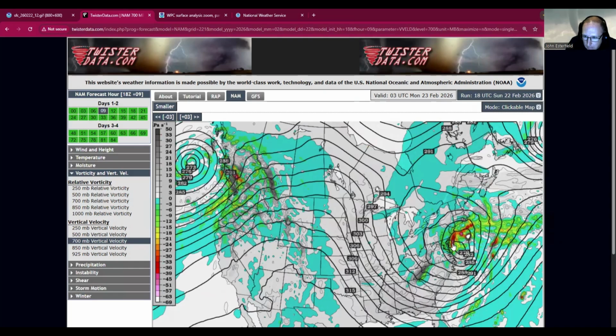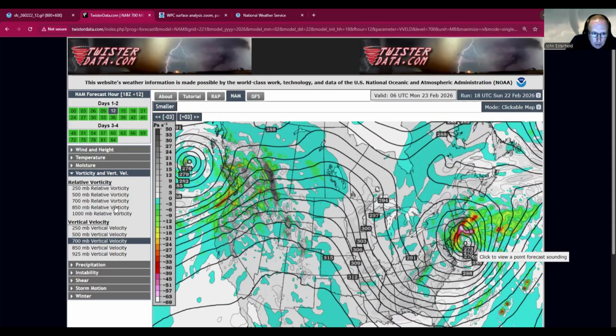So look at all that rising motion right there on the coast and just north of where that strong vorticity is. So you have the vorticity down here. You don't see a lot of rising motion down there because it's already reached its maxima. The vorticity is moving into this area. Vorticity is just spin of air in a region. So that just kind of gives you an idea.